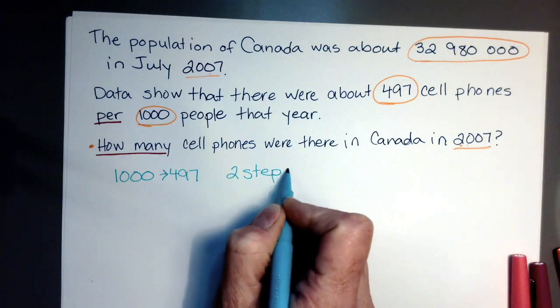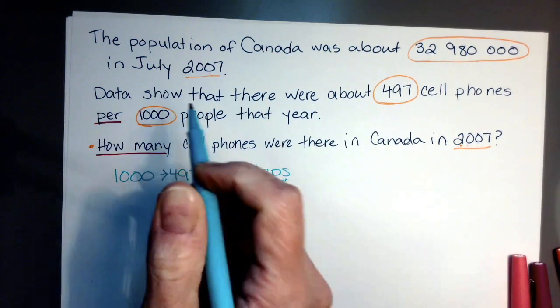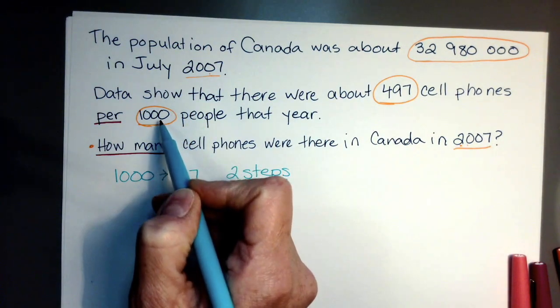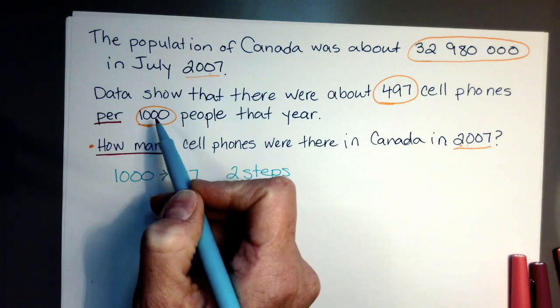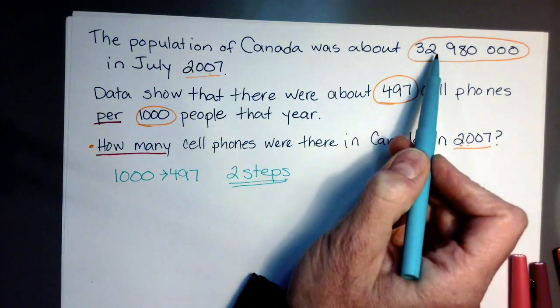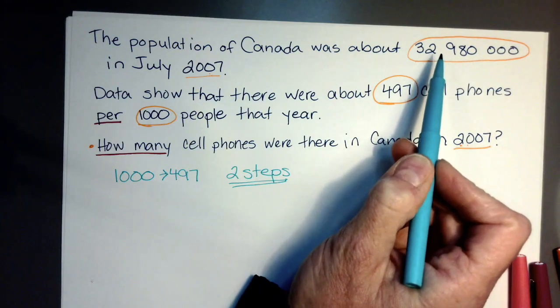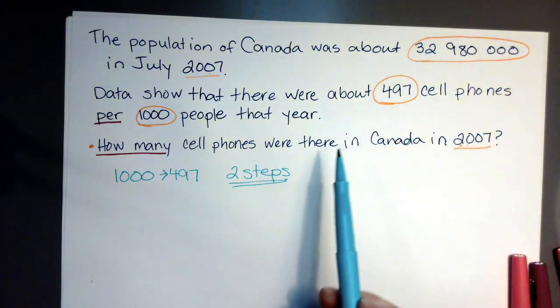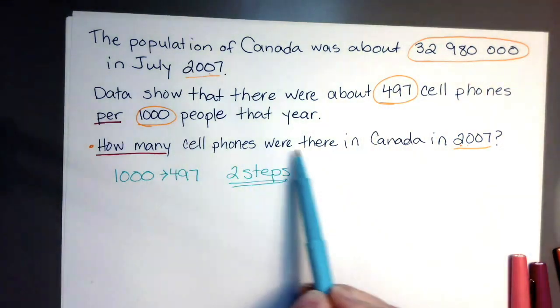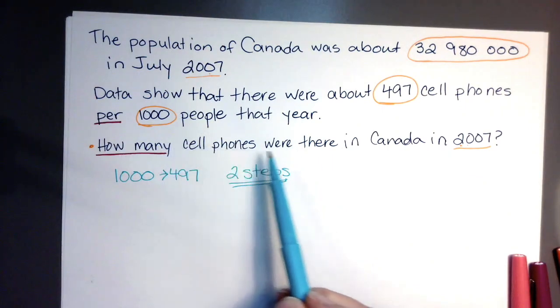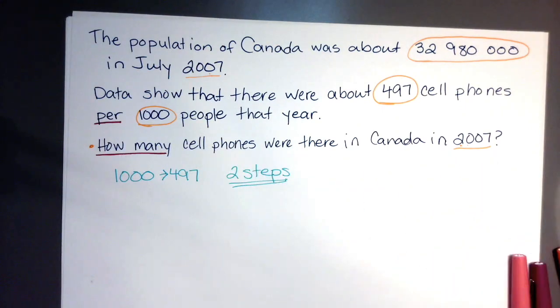Okay? Because I've been told how many cell phones there are for every 1,000 people, but I have way more than 1,000 people that I have to know in order to figure out the answer to how many cell phones were there altogether in Canada in 2007.